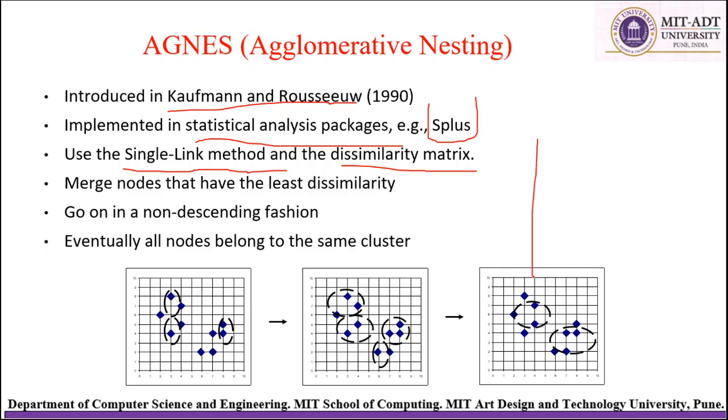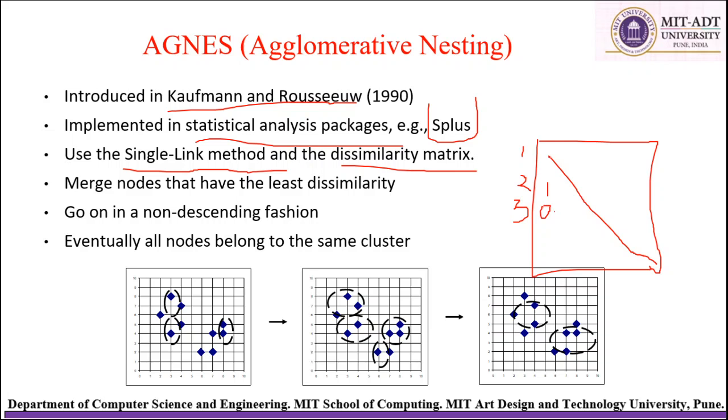In the dissimilarity matrix, we have seen the distances between the different data objects are marked. Diagonally, we are getting all zeros. So the diagonal values are 0 in this dissimilarity matrix, and we are getting some distance values.